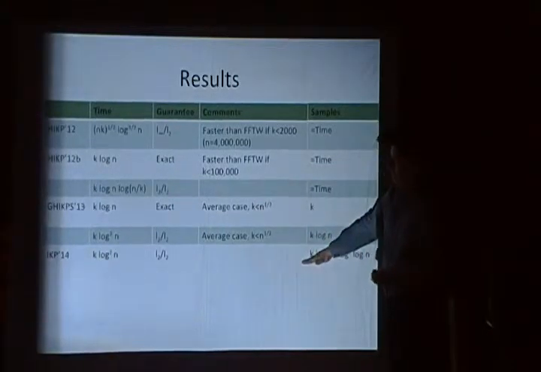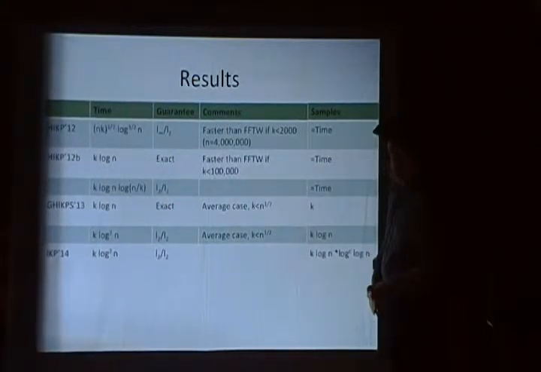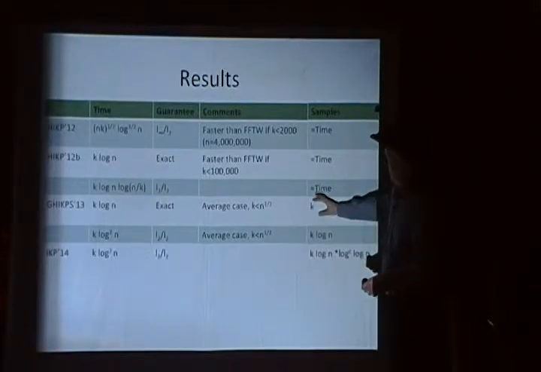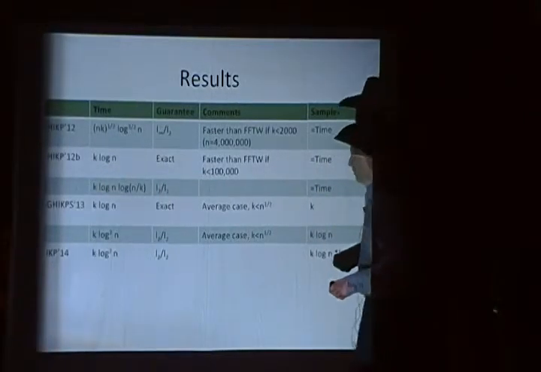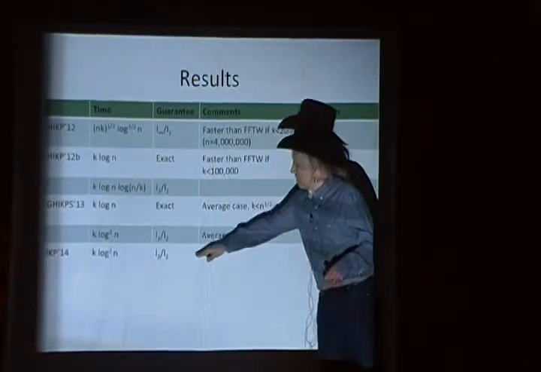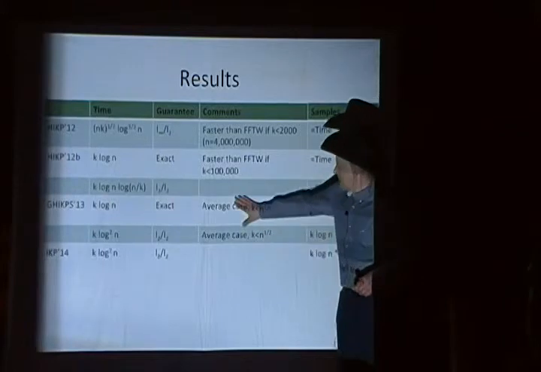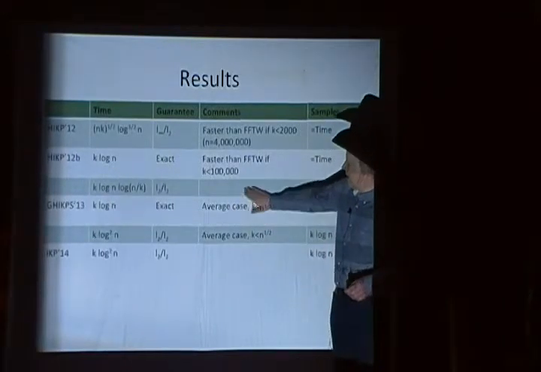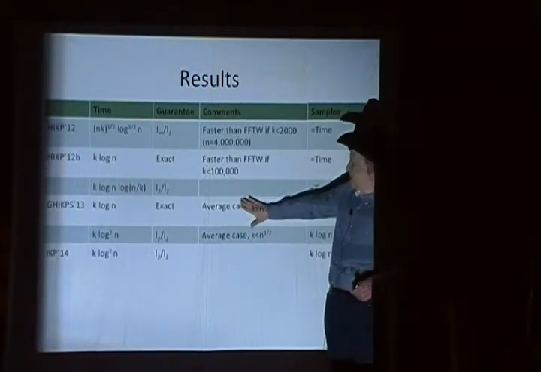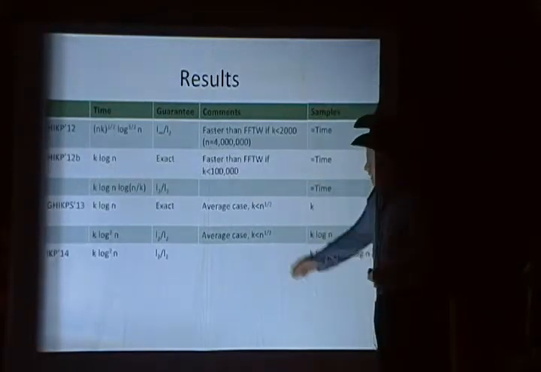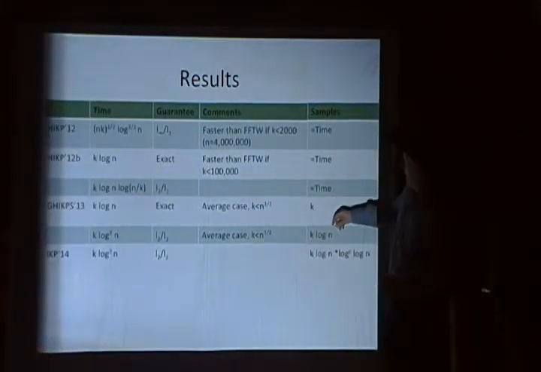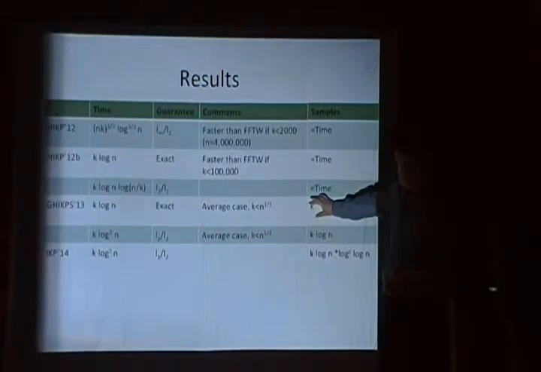So the more recent set of results enabled us to essentially match the lower bound. We have developed two classes of algorithms. One with a certain set of assumptions, which I will describe later, so I'm going to skip these assumptions right now. But if those assumptions are satisfied, then the number of samples for the exact case is order of k, which is optimal.